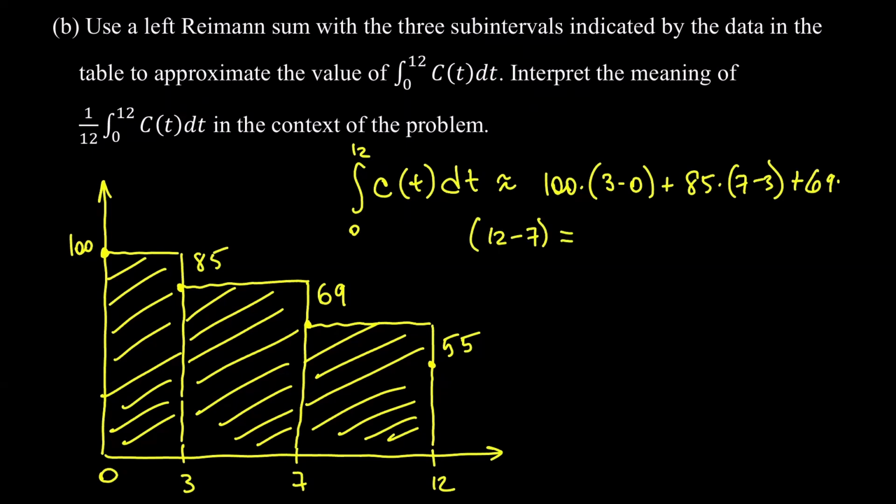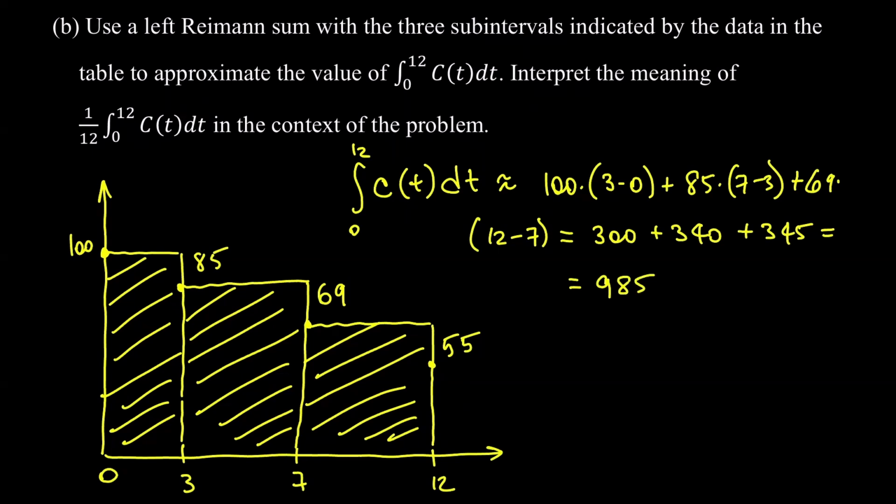This is equal to 100 times 3 is 300, 85 times 4 is 340, and 69 times 5 is 345. So this is equal to 985.